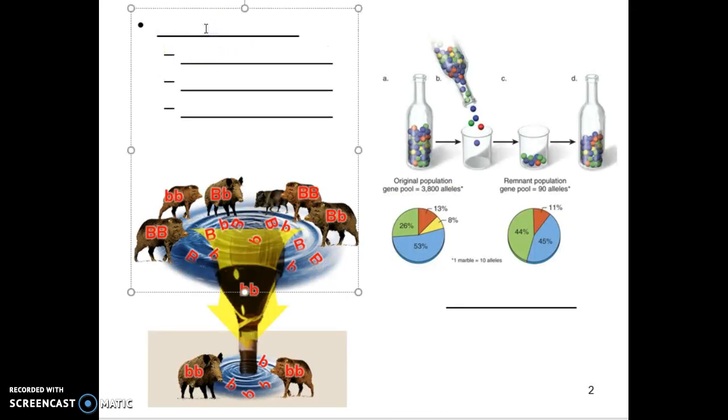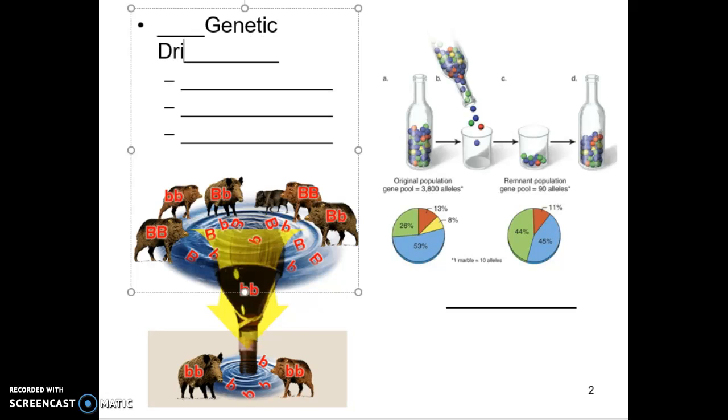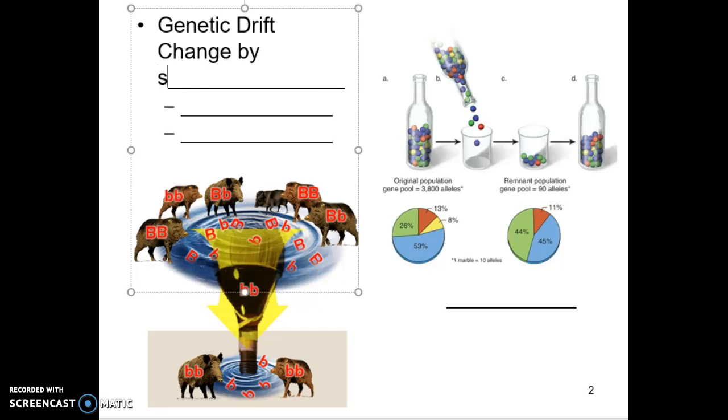So genetic drift is another factor that contributes to evolution. Now, can we block it? Possibly, but not always guaranteed. So genetic drift is change by simple chance. Just chance alone, frequencies of your alleles change.